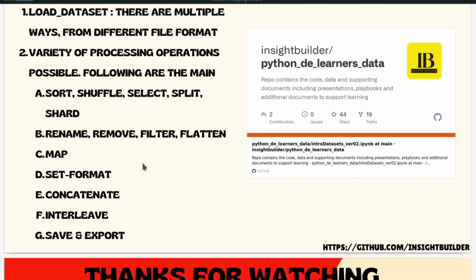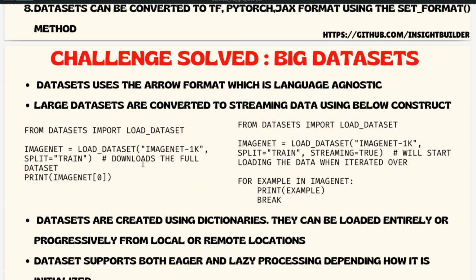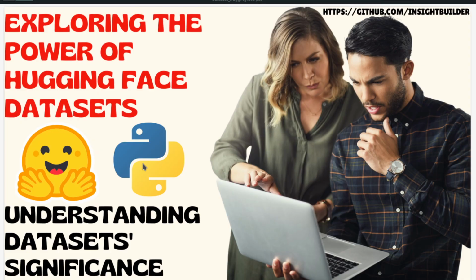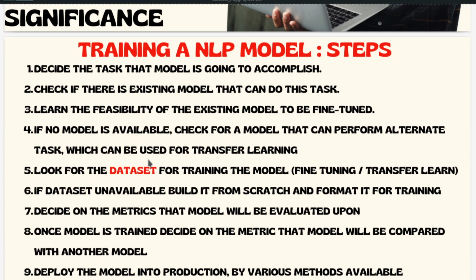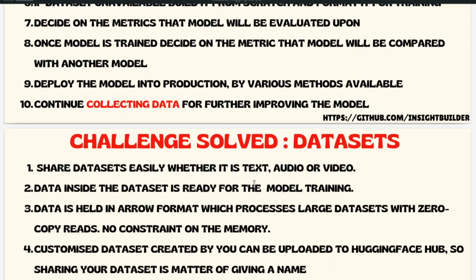That is the main reason why I wanted to introduce the dataset library in the first place. Once you understand how the dataset library works, then you can move on to the next step of using it for training the model. Right, this can happen only when you can work with the dataset that is available with you, correct? That is the reason for introducing this dataset library first.